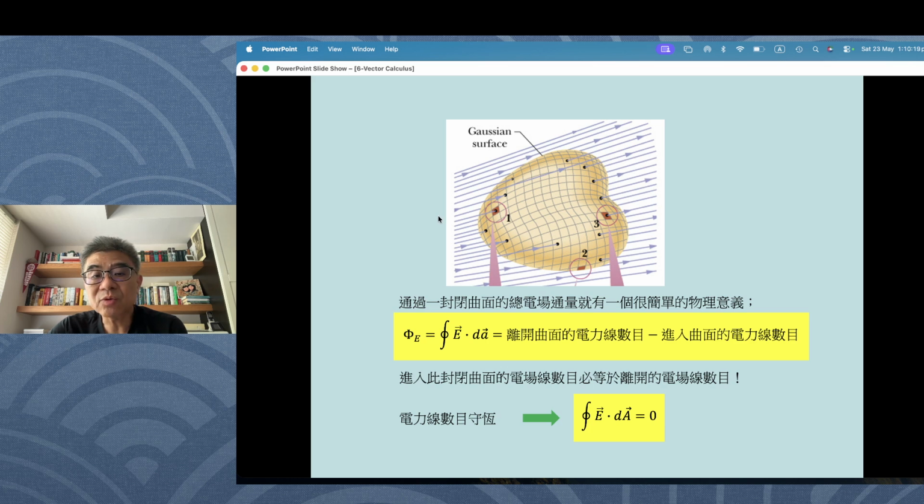So every electric line entering the closed surface will leave at the end. Therefore, the number of electric lines leaving minus the number entering must be equal to zero. So we get a very simple quantitative law for the electric field.